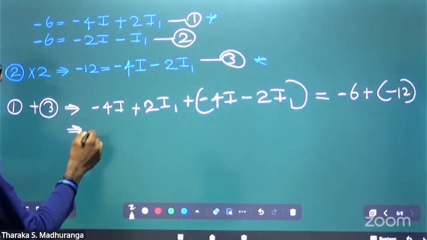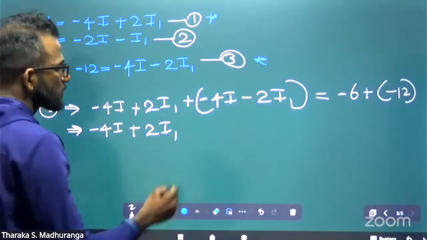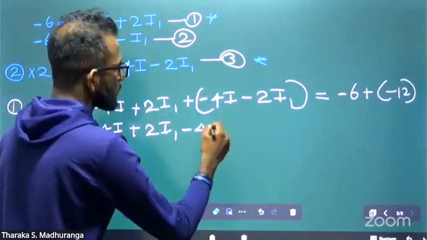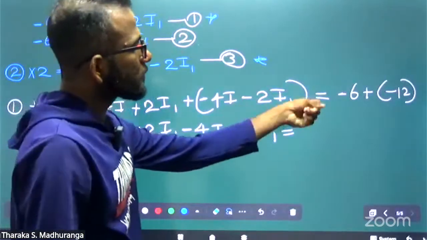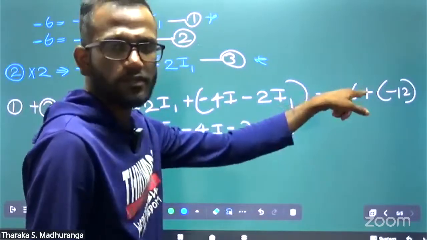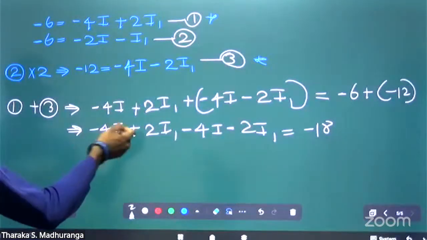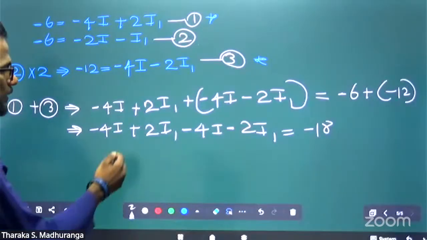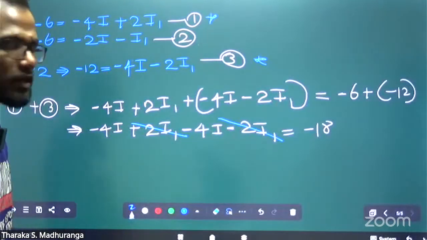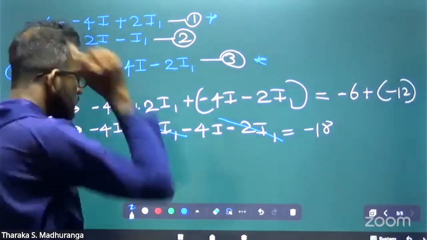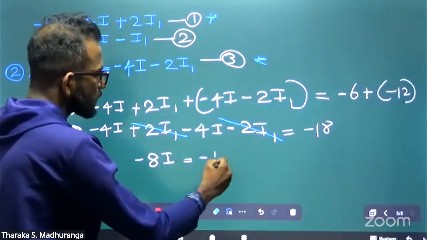Adding the two equations: minus 4I plus 2I1 plus minus 4I plus minus 2I1 equals minus 6 minus 12, which is minus 18. Now the plus 2I1 and minus 2I1 cancel out. Then minus 4I minus 4I, that is minus 8I, equals minus 18.